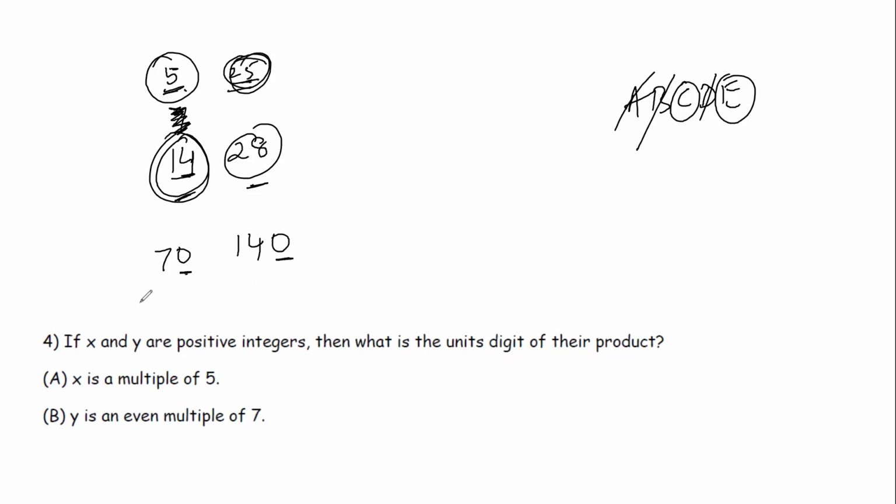So together, we are getting a definite answer for this one: C. The units digit of the product is always 0. Are you with me? So out here, C is the answer, E is out. Okay. That was easy.